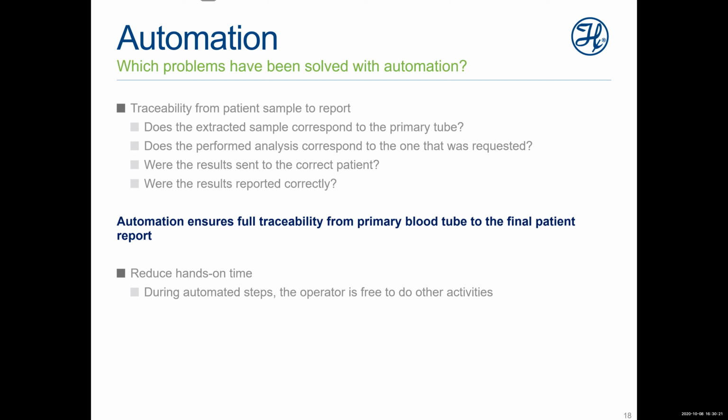And last but not least, the reduced hands-on time: automation leaves the operator free to do other more important activities, because an operator who spends time on the preparation cannot focus on the report of the results, to see the chromatographic peak and to correctly evaluate the results. With automation, we move time from monotonous and repetitive steps to more important aspects of our job.